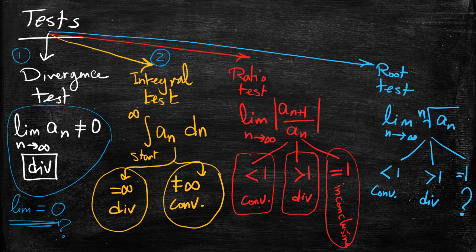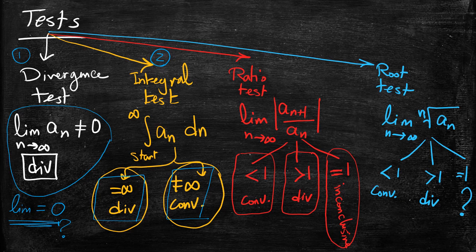So we can just do the integration, and if this integration gives us some value which is not infinite, we call this series convergent. If this integration gives us infinity, we call this series divergent.